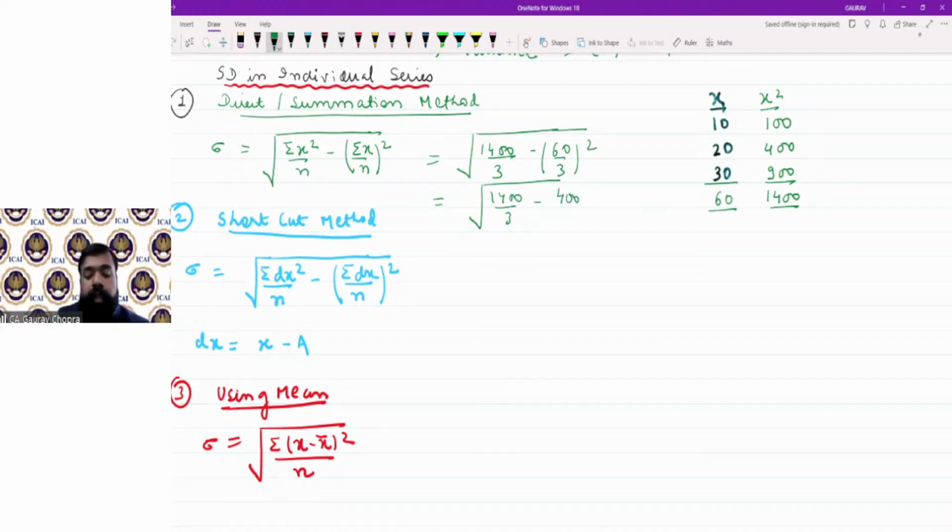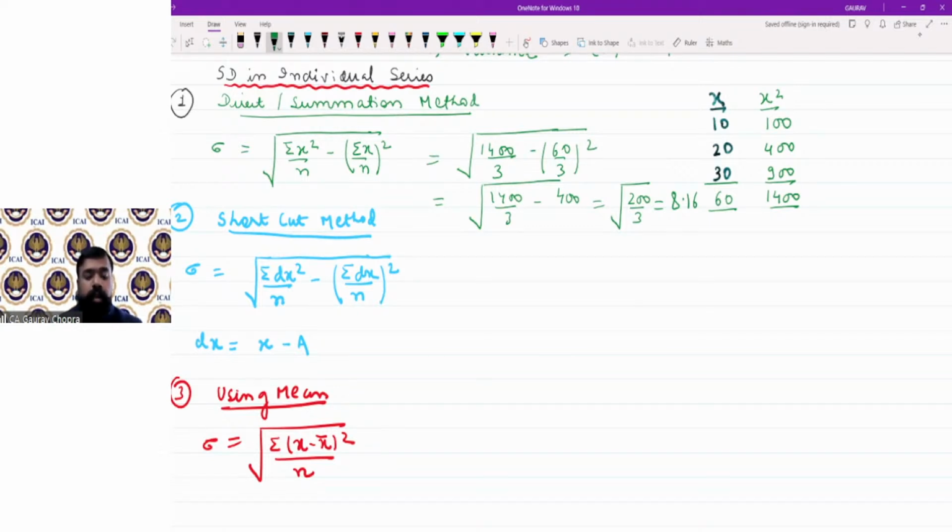Now you can take the LCM and get the result as 200 upon 3 under the square root. So the final answer is 8.16. After the square root, you will get 8.16. This is the standard deviation. Don't forget to do the square root at last. So 8.16 is the answer using the direct method.